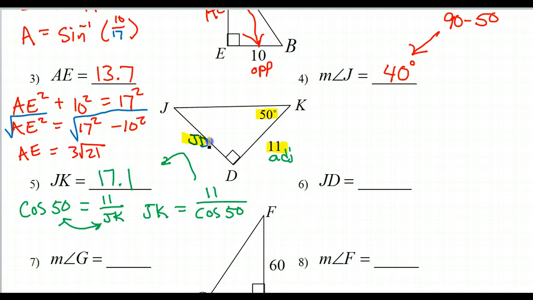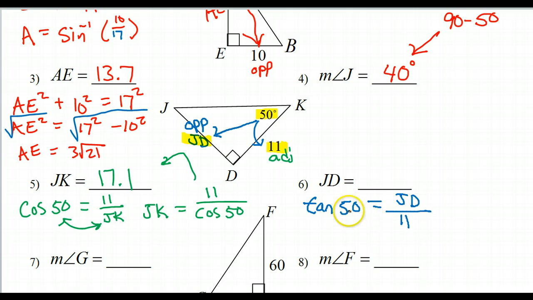So from the perspective of the 50, I've still got 11 is adjacent, but instead of the hypotenuse, I have JD, which is opposite. So I have opposite and adjacent. That is the tangent function. So for JD, we will do tangent 50 is equal to opposite over adjacent. So that's JD over 11.